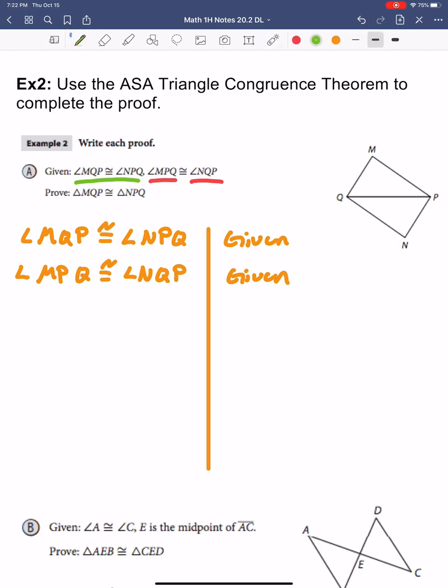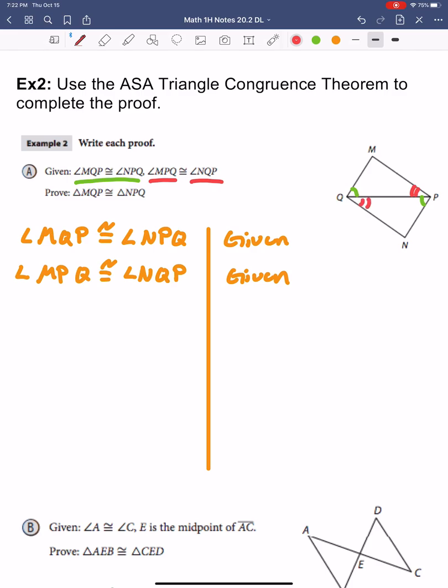So let's see what they told me. They started by telling me that MQP, that's this angle right here, is congruent to NPQ, which is this angle right here. So we know those 2 angles are congruent. Then they also told me that angle MPQ, that's right here, is congruent to NQP, which is right here.